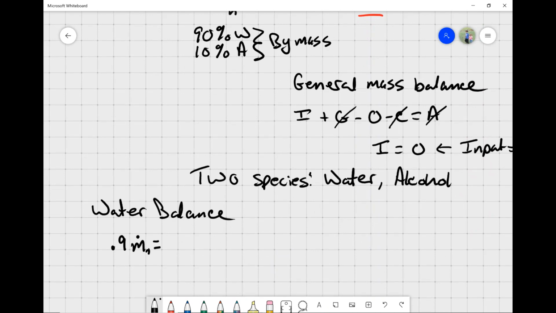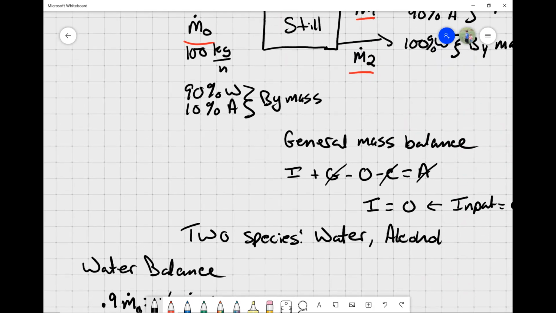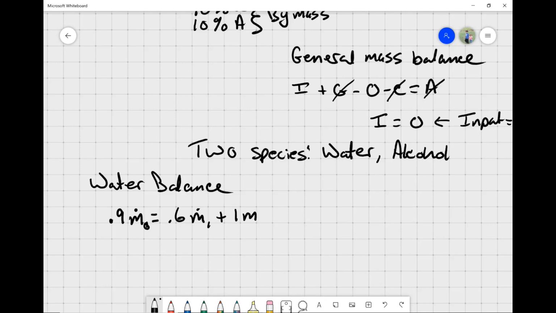Oops, and I called this M naught. Excuse me. So 0.9 M naught equals 0.6 M1 plus, we have water here, and it's 1 times M2. And if you look, it's input equals output.